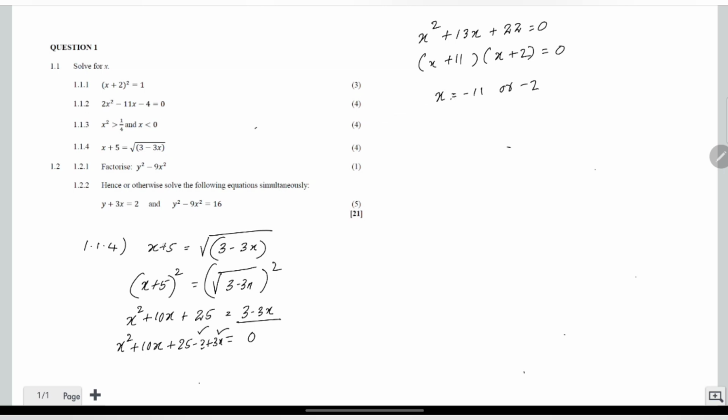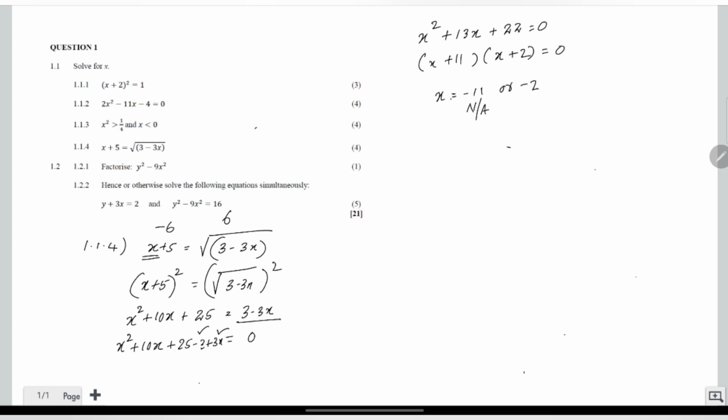So when you substitute minus 11, what will happen? In the place of x, minus 11 plus 5 is minus 6, but here 3 minus 3 times minus 11 is going to be 3 plus 33, which is going to be 30. So it is not balancing, which means minus 11 is not applicable.